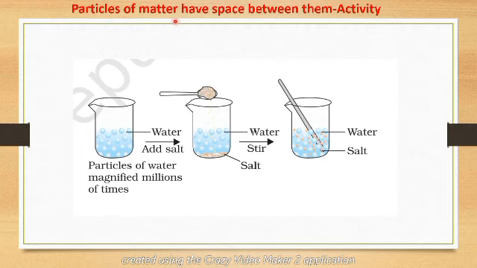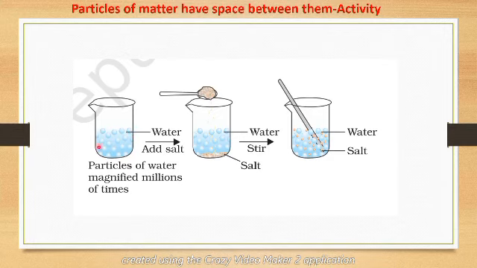Particles of matter have space between them. This is the first characteristic of particles of matter. Let us perform an activity to study this characteristic. Take one glass beaker and take some water in that beaker.